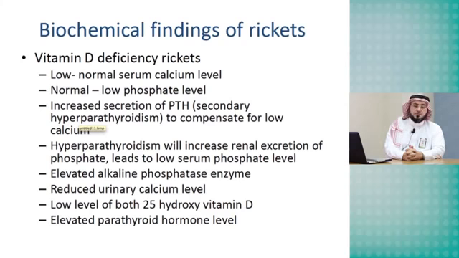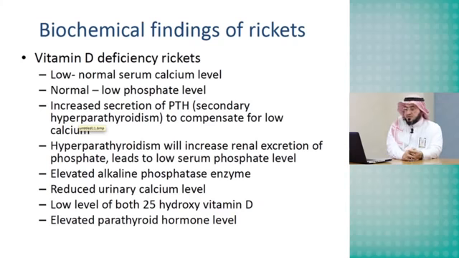The phosphate is the opposite. Initially in the disease we will have a normal phosphate and then low phosphate. Parathyroid hormone in hypocalcemic rickets is usually elevated, what is called secondary hyperparathyroidism, to compensate for low calcium.